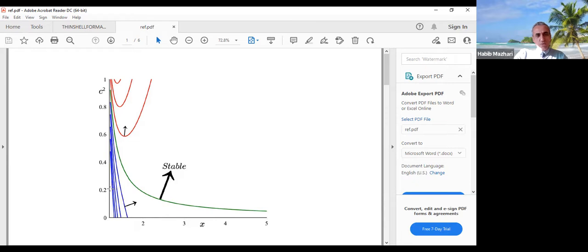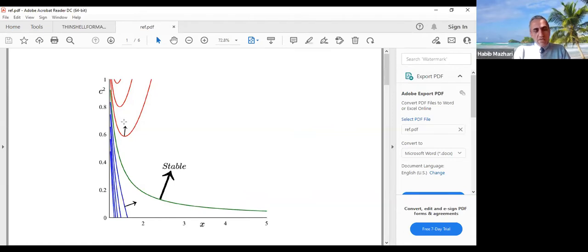That value is almost 0.2. So we need a specific material where the speed of sound is almost 0.2 times the speed of light or higher in order to have the shell stable. So that is almost impossible, let's say.